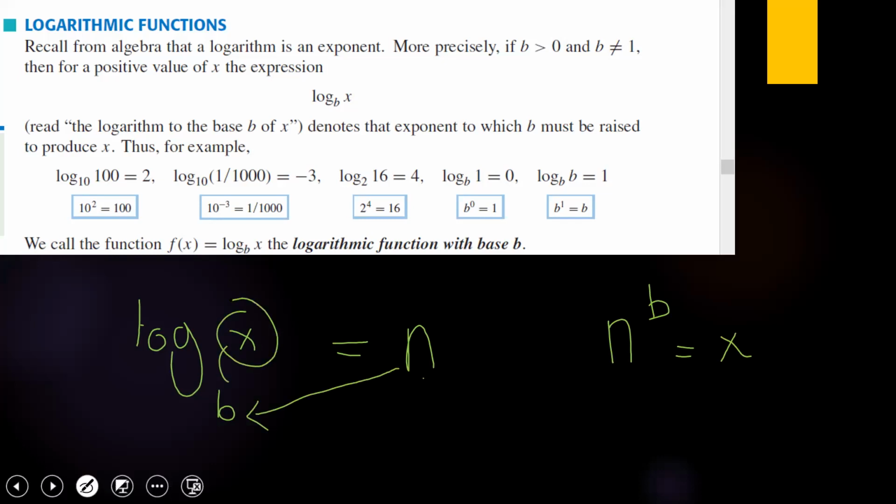So n is the exponent to which b must be raised to get x. The exponent n that b is raised to must equal x. So b to the power n equals x, and I can write it using the logarithm as logarithm to the base b of x equals n.